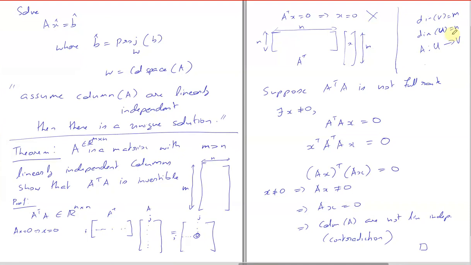Not any n-dimensional thing, though. We studied that row rank equals column rank. If you look at A transpose, the rows are linearly independent, so the columns also have rank n. There are some n linearly independent columns.